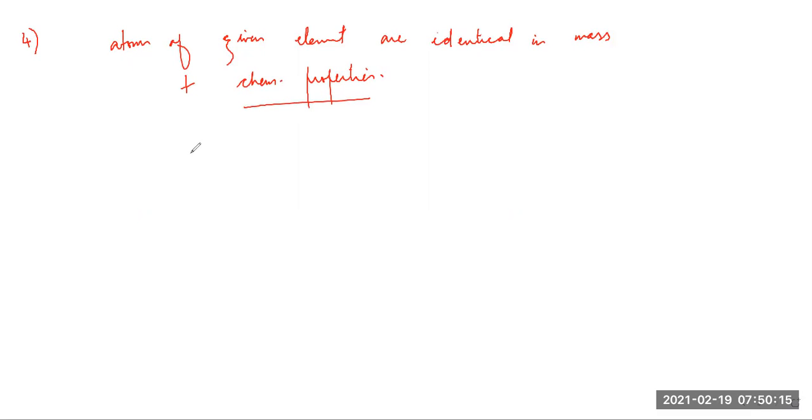So what does it mean, students? It means, let's say, we have gold, Au. If you take 1 gram of gold, it will have millions of atoms. But all those atoms will be identical. That's what Dalton told.